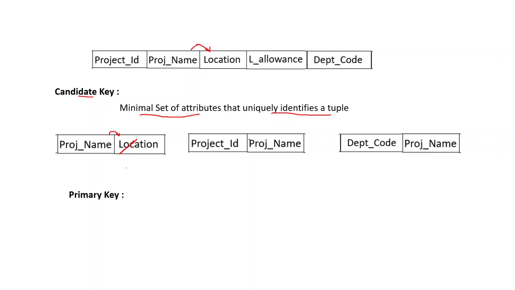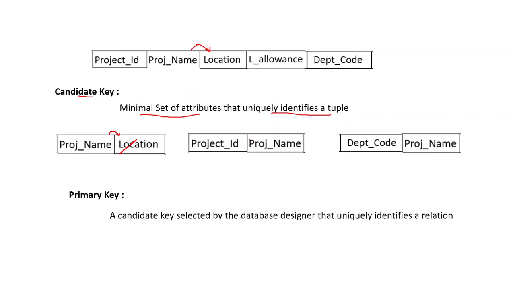Now the question is then, what is a primary key? A primary key is also an attribute or a set of attributes that uniquely identify a tuple. So a primary key is nothing but a candidate key which is selected by the database designer to uniquely identify a tuple in a relation.